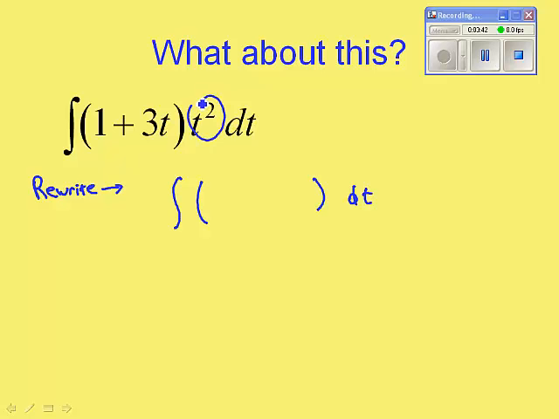Yeah, I'm going to take this t squared, which is multiplied by the stuff here in parentheses, and distribute it. When I distribute it, I get t squared plus 3t cubed. Is that right? Okay.